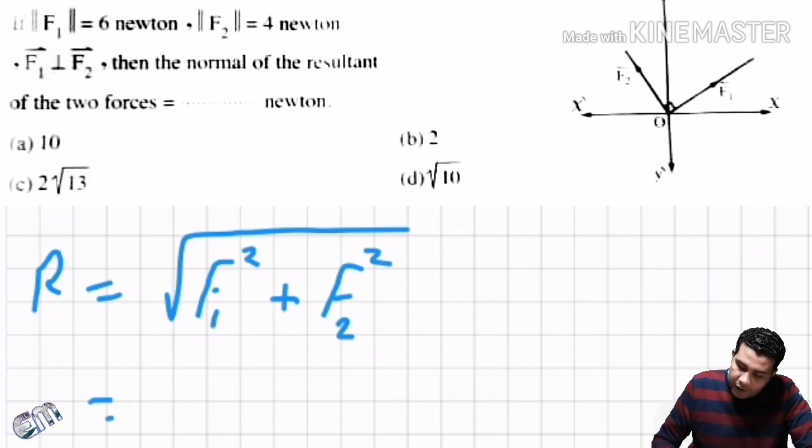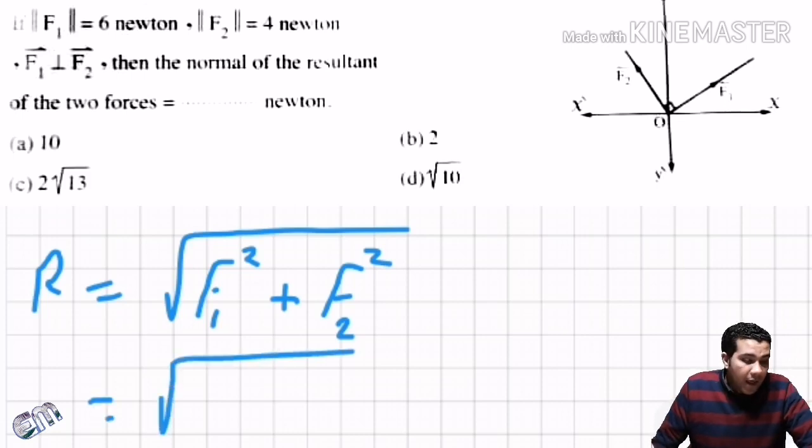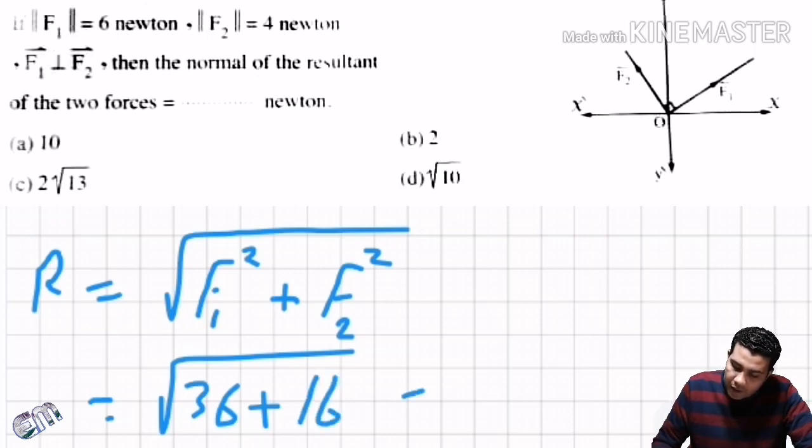And the value of F1 equals 6 power 2 equals 36 plus 4 power 2 equals 16, and the resultant will be 2 root 13.